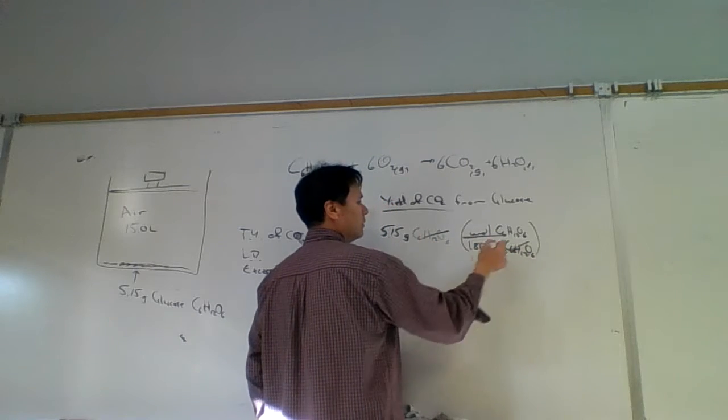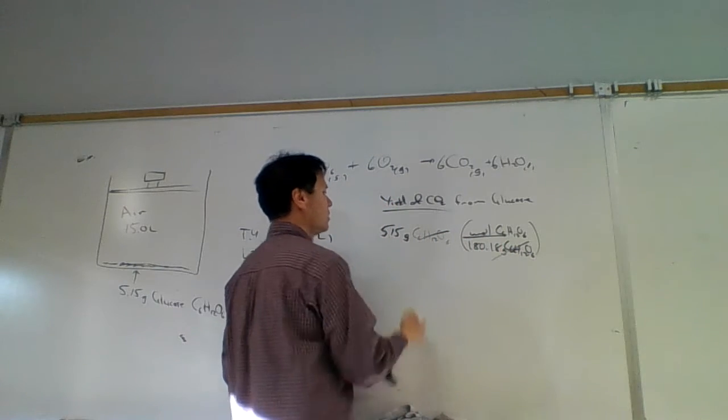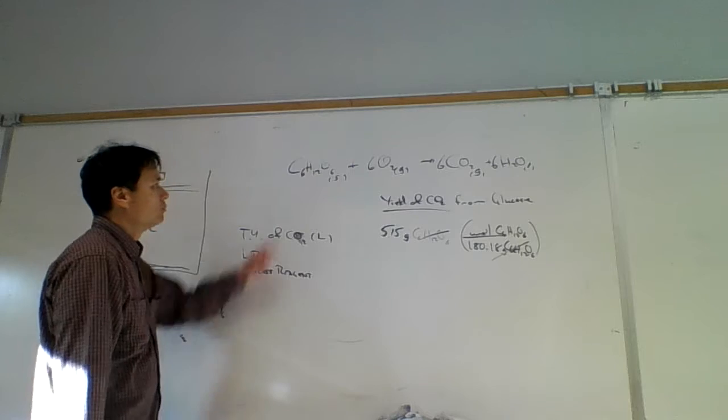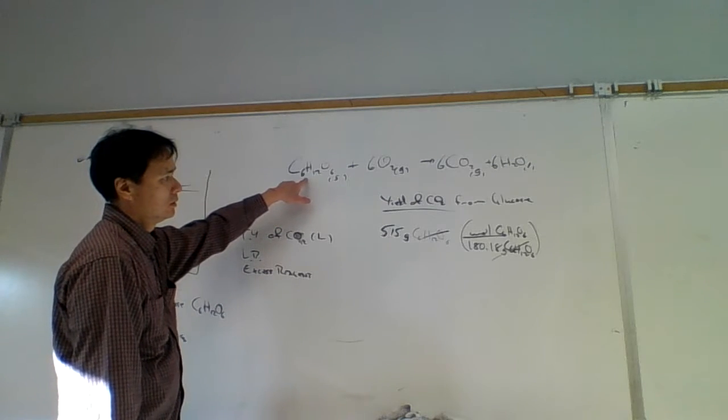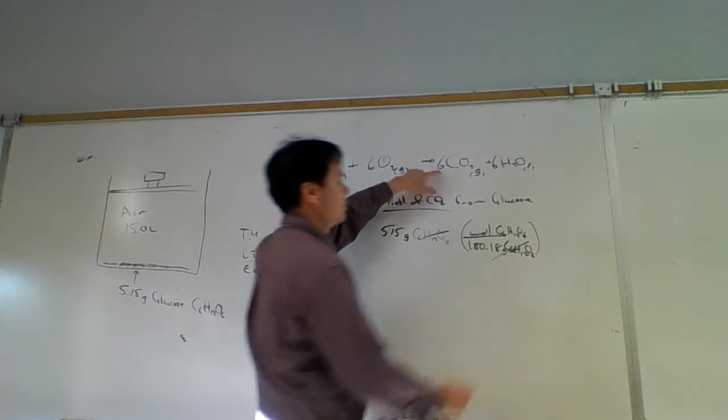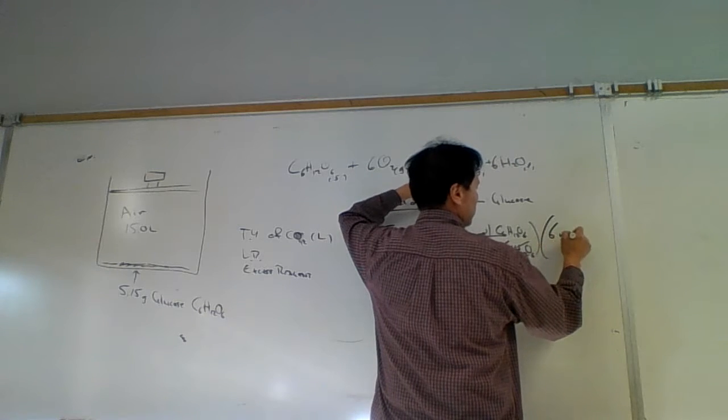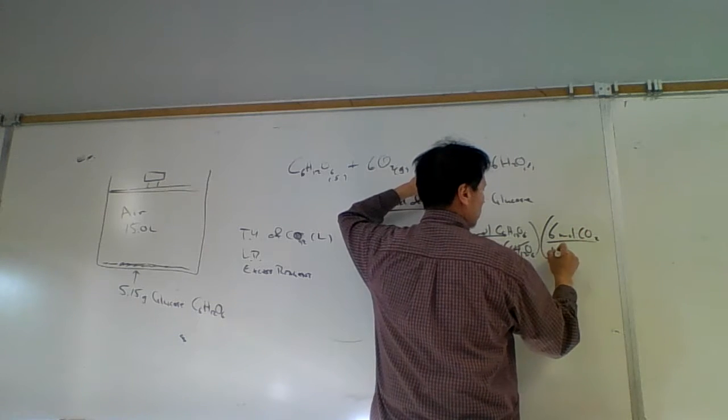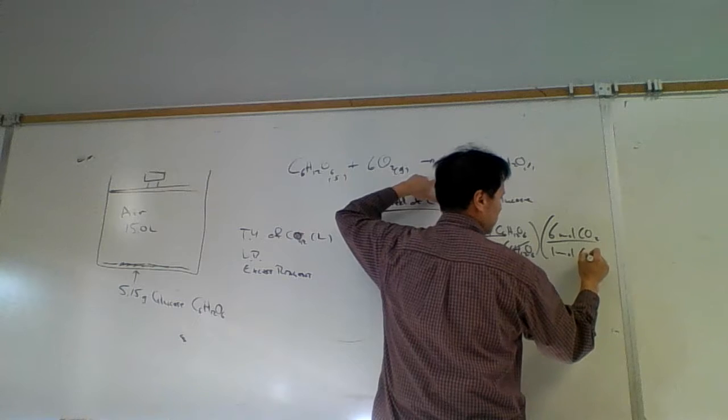So we do a gram to mole conversion, and now we have moles of glucose. From moles of glucose, we're going to go to moles of carbon dioxide. It says 6 moles of carbon dioxide for every 1 mole of glucose.